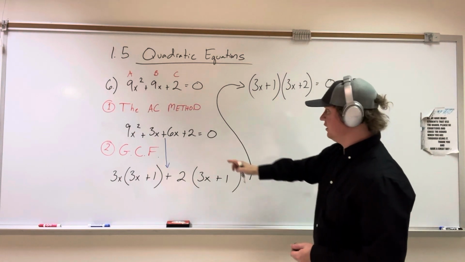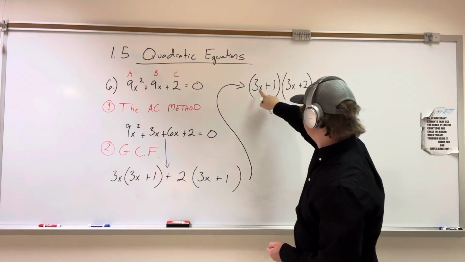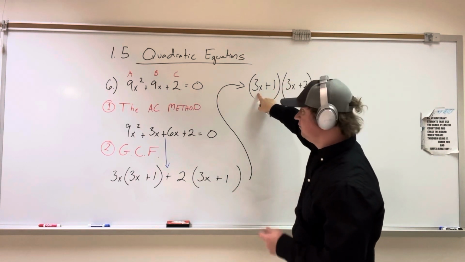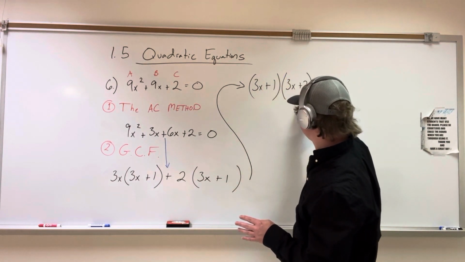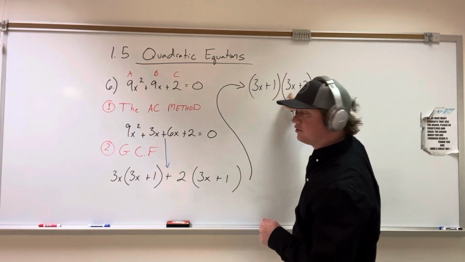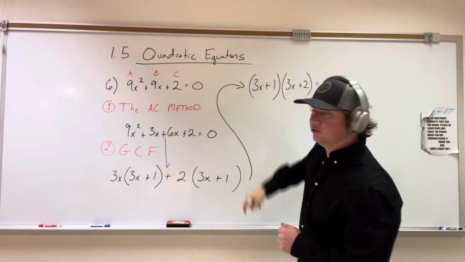And remember, this is still equal to 0. If you just double check, you FOIL this: you get your 9x squared. Then the outside is a 6x, the inside is a 3x, that's your 9x, and then multiply the last terms, 2. Perfect.